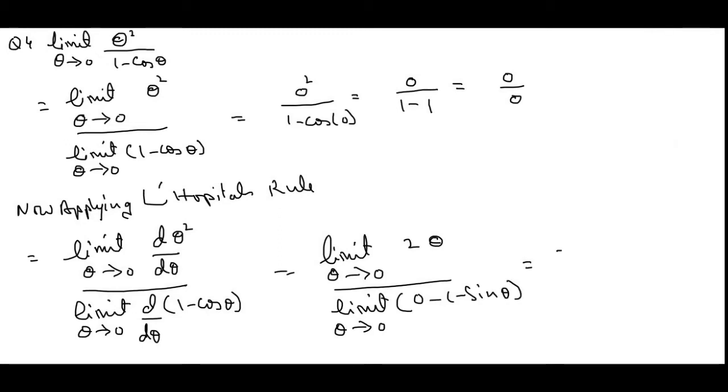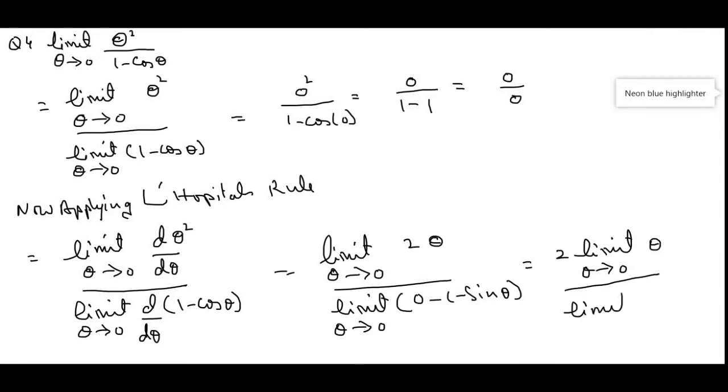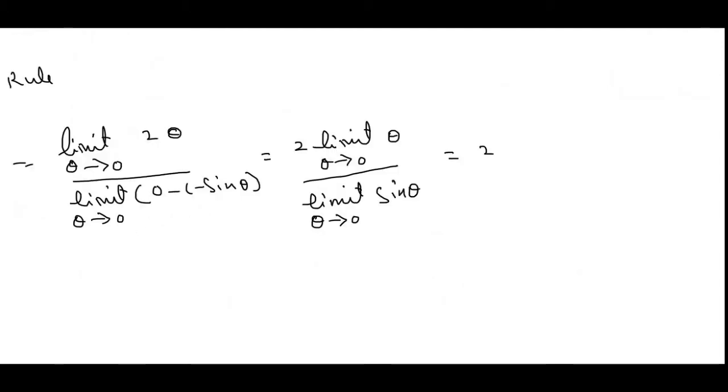This becomes 2 limit theta approaches 0 theta over limit theta approaches 0 sine theta. Now applying the limit, we get 2 times 0 over sine 0, again 0 over 0. Now we are going to take the differential for the function.